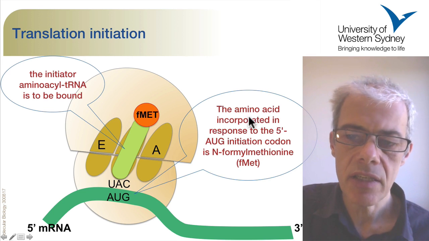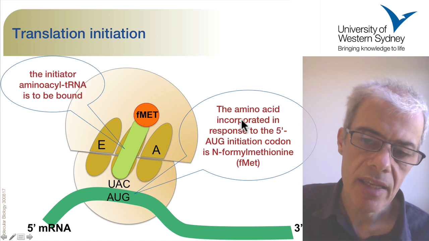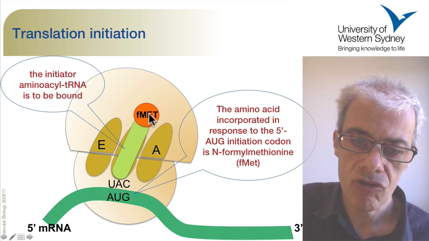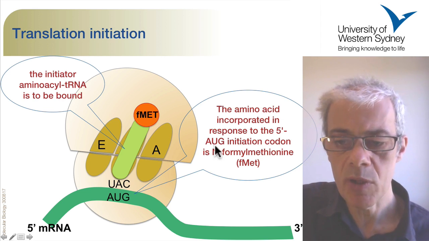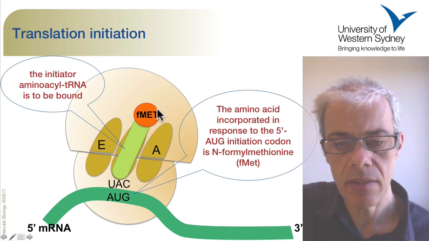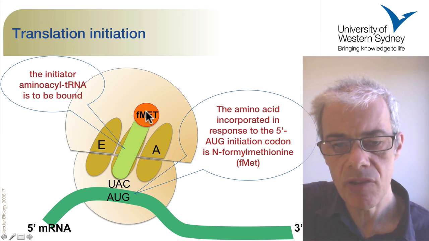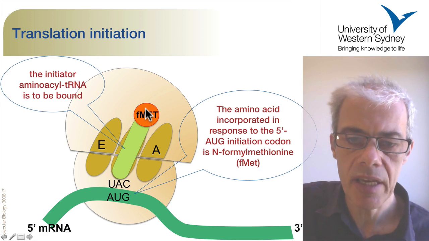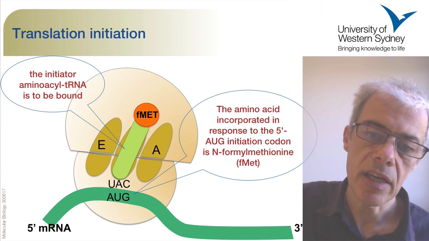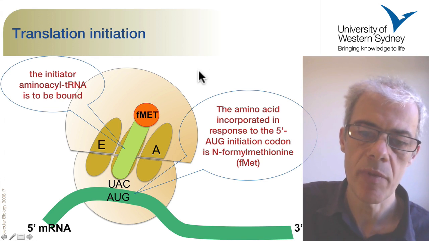Now, the amino acid incorporation that begins the process of protein synthesis is a derivatized methionine. So it's N-formyl methionine, as indicated here by F-met. So the first amino acid residue in bacteria that begins the process of protein synthesis is a special version of methionine.